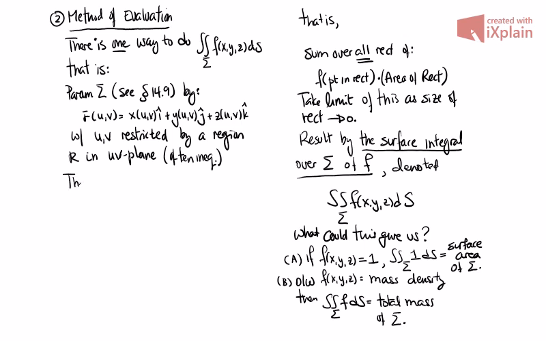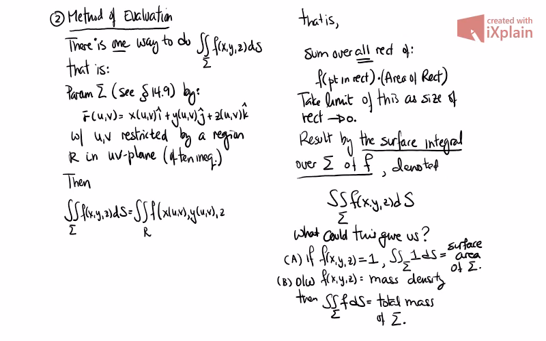So then what happens is the surface integral of f of x,y,z dS becomes the following. It becomes a double integral over R. Everywhere I see an x, I put x of u,v from the parameterization. Everywhere I see y, y of u,v.